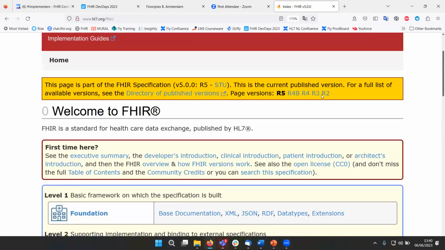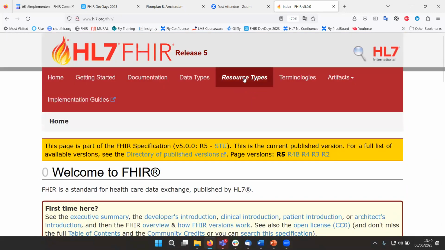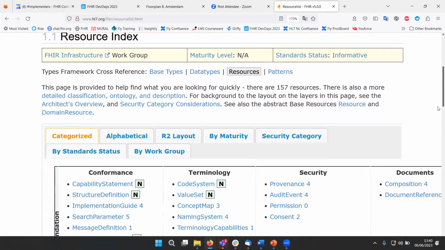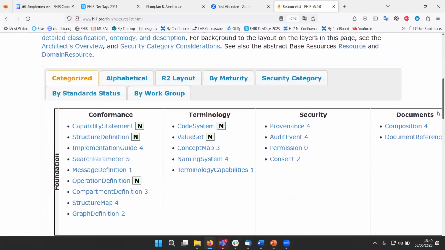Now, most importantly, and that's why the manual item is actually highlighted, is the set of resource types that exists. And the resources, because they are the key element towards reusability, play a key role, obviously, in exchanging data.